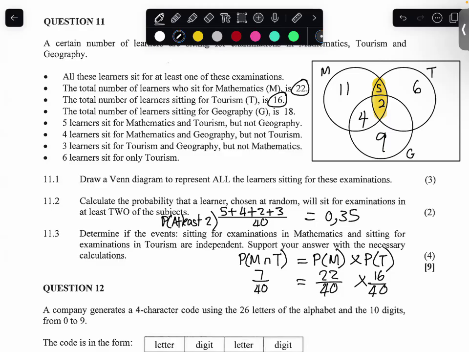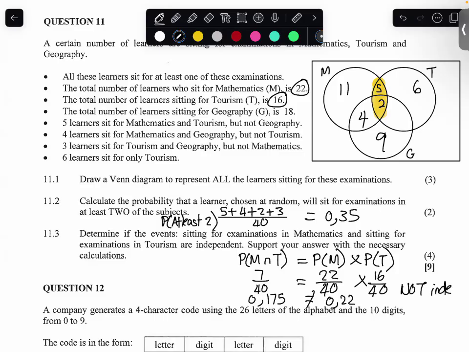Right. Now you're going to punch it in on the calculator and you're going to see what the decimal is. So this ends up being 0.175. And this decimal ends up being 0.22. And that means that the left-hand side is not equal to the right-hand side. And so the events for sitting for mathematics and for tourism are not independent events.